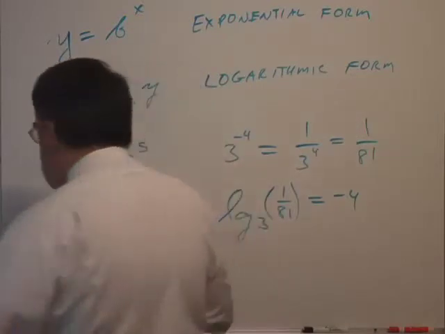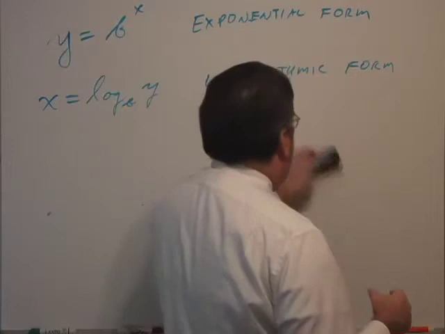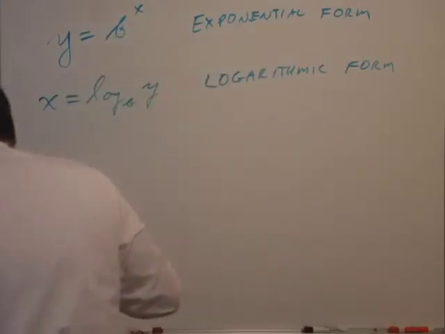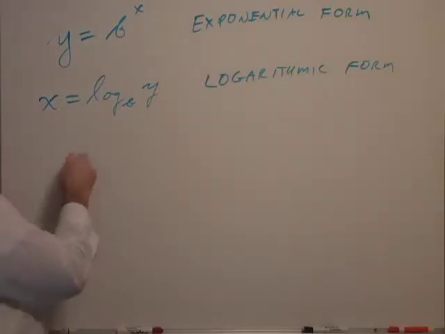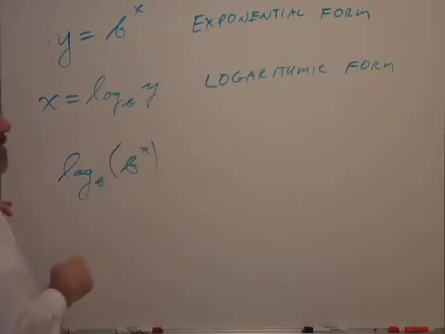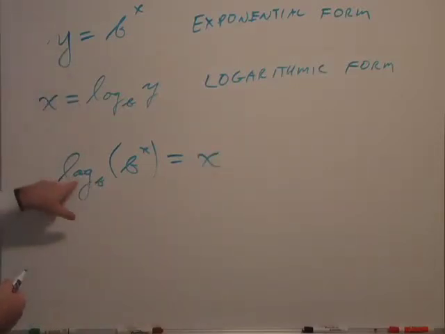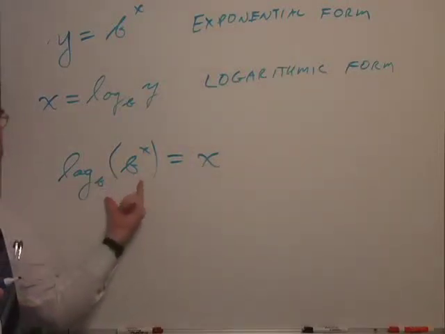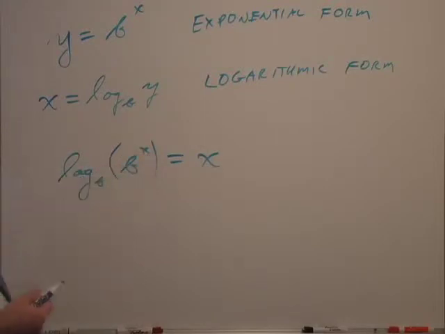For example, the log base b of b to the x equals x. So here the log cancels the exponent function. Now that only works when your bases are equal. But the log cancels the exponent function, leaving only the exponent of x.